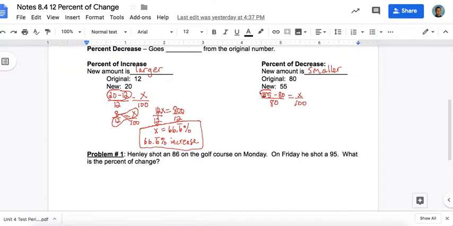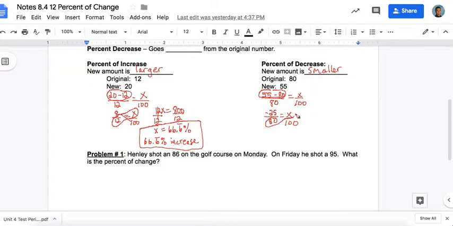Okay, we got to do this subtraction before we do anything. And 55 minus 80 is negative 25. And it makes sense that we're dealing with a negative here because we have a percent decrease. Equals x over 100.